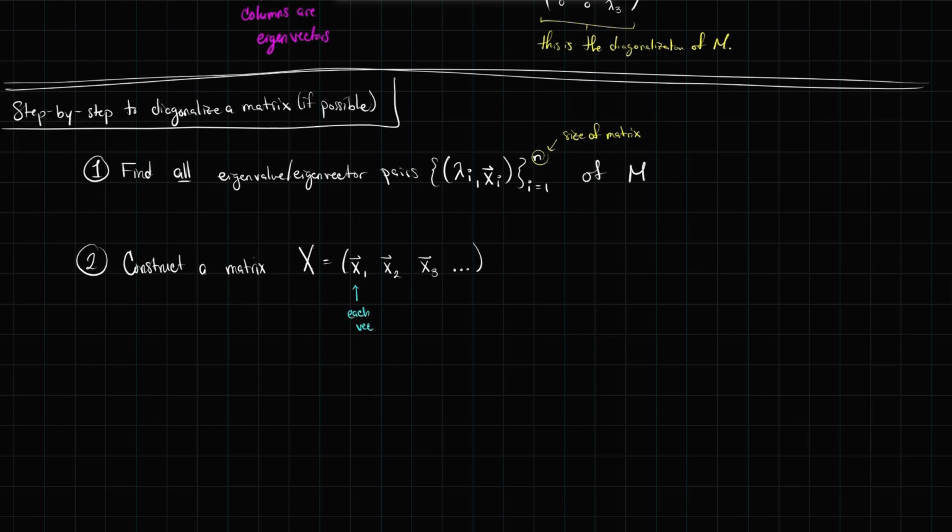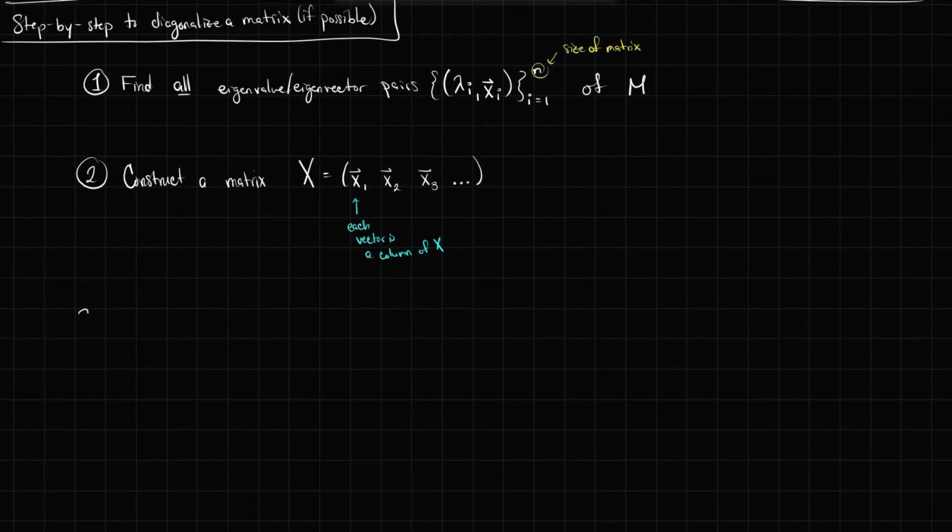Each vector is a column of capital X. Step 3, construct the diagonal matrix, capital D, which is equal to diag, lambda 1, lambda 2, lambda 3, and so on.